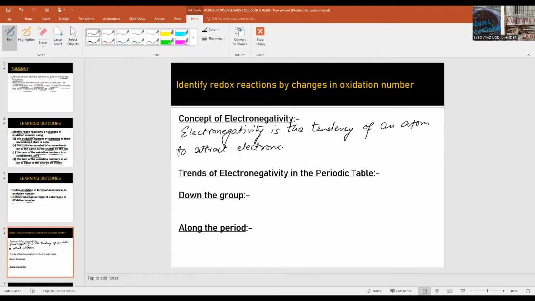There's a trend of electronegativity in the periodic table. Down the group, electronegativity decreases. But across a period, electronegativity increases.